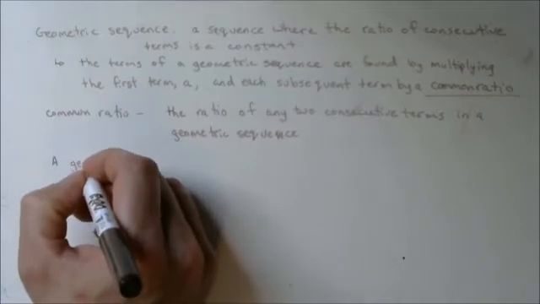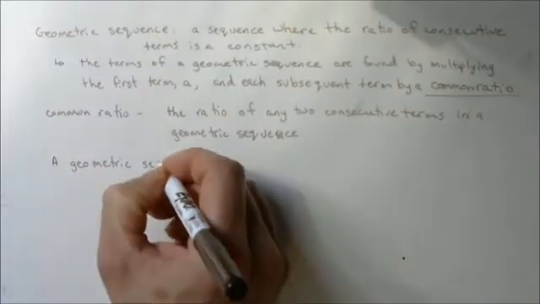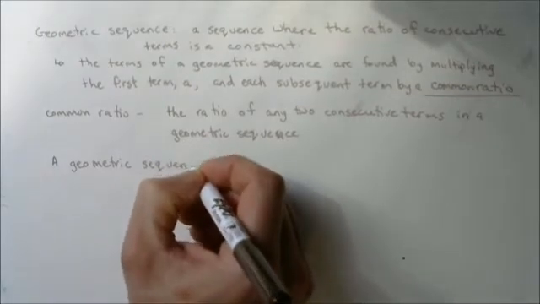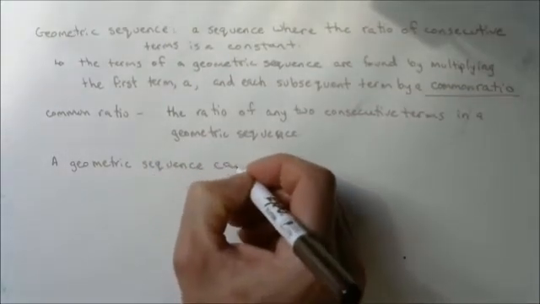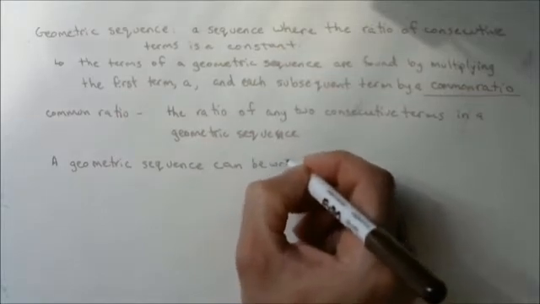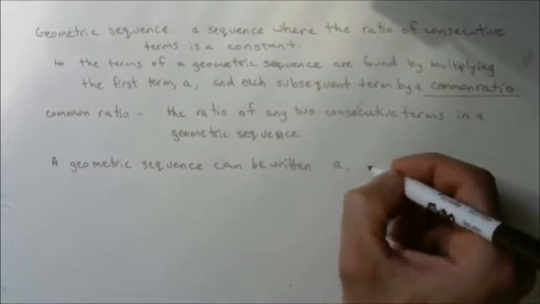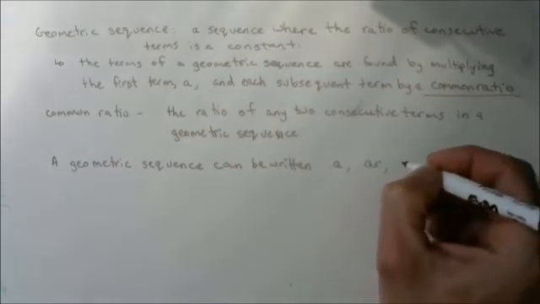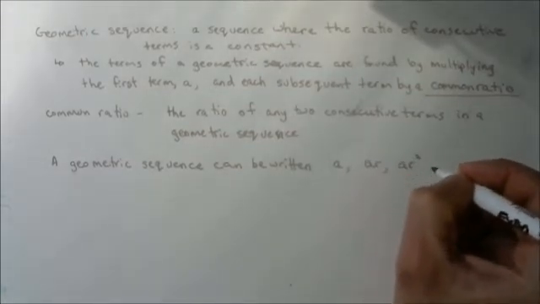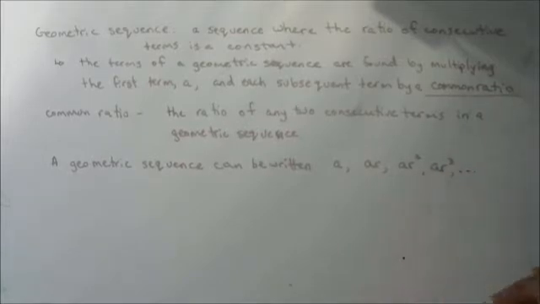A geometric sequence can be written A, AR, AR squared, AR cubed, dot, dot, dot.